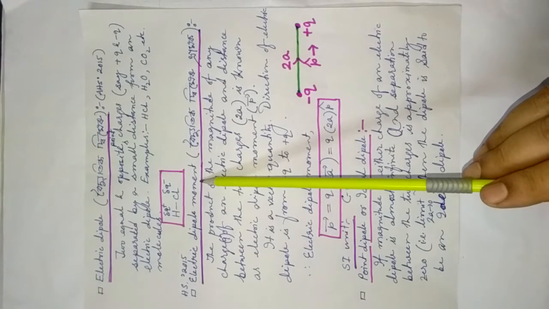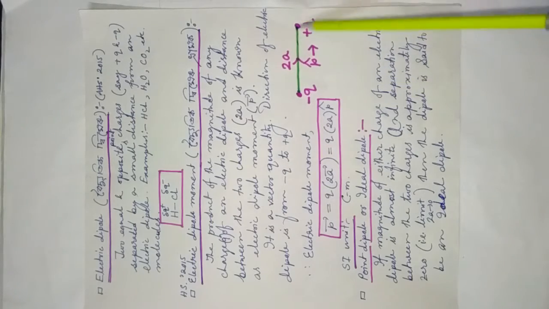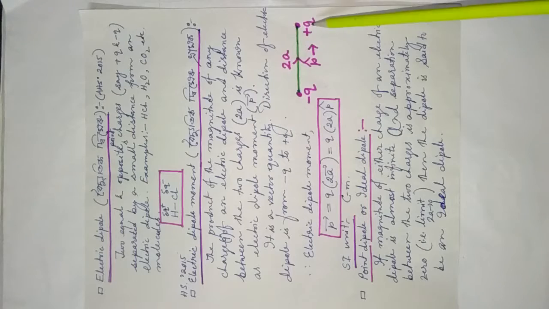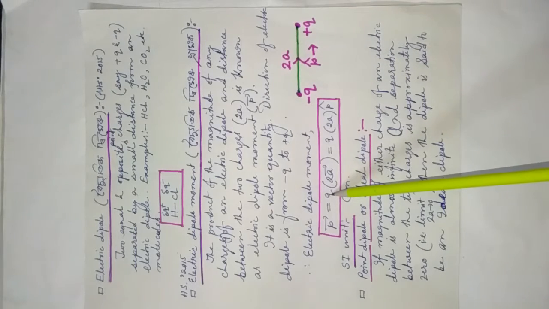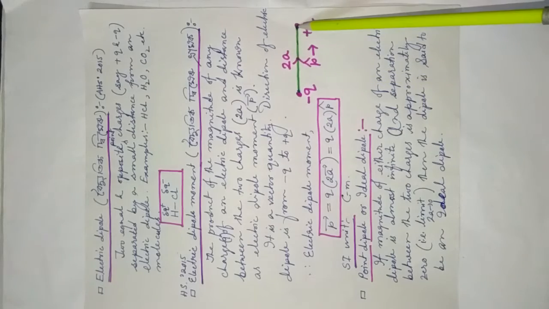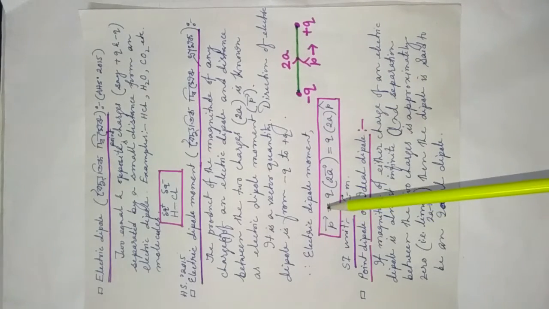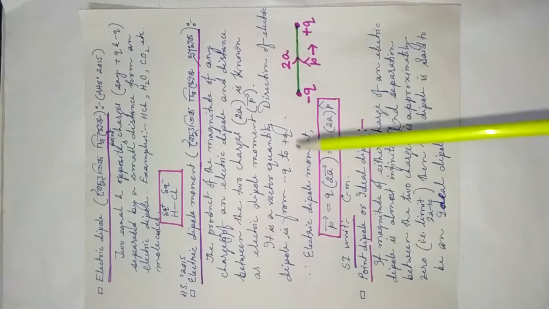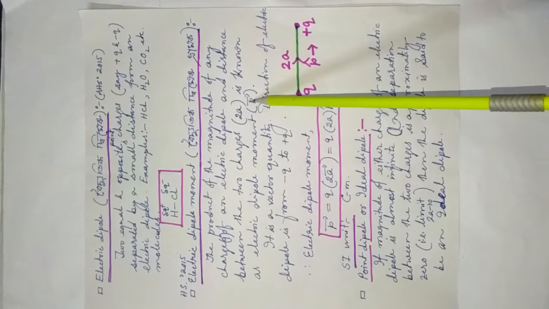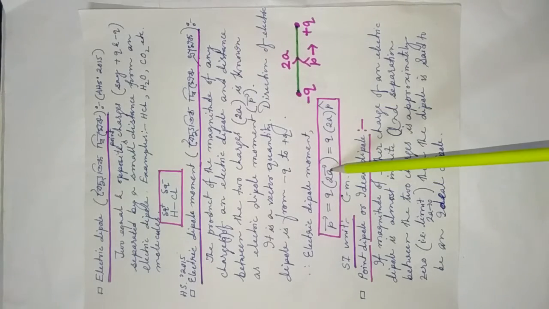Electric dipole moment is the product of the magnitude of either charge, that means the magnitude of minus q is q, the magnitude of plus q is also q, and the separation 2a. If you take the product, we get the electric dipole moment. If it is represented by p, then p is equal to q into 2a.